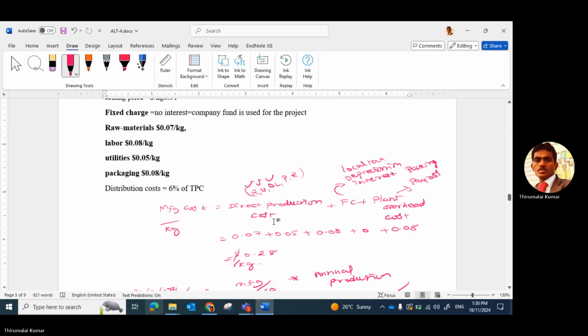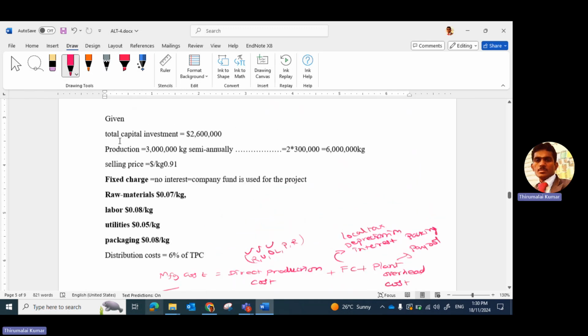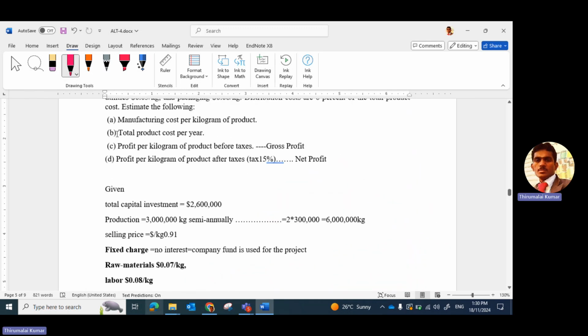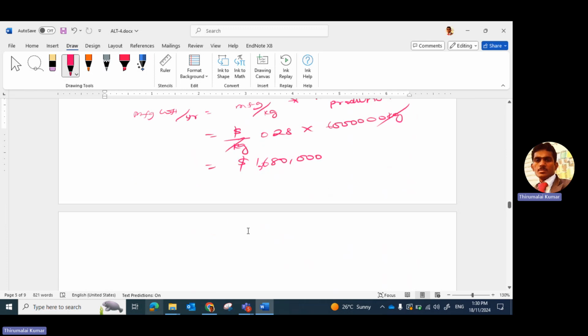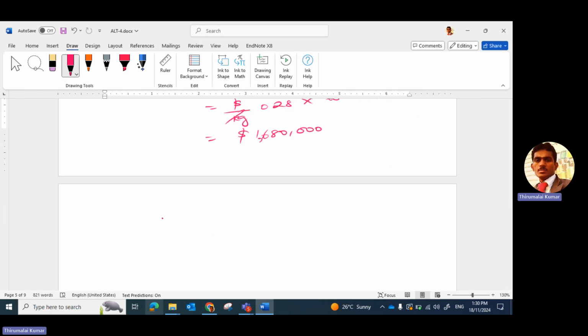Now, how can we calculate the total product cost? Total product cost is the summation of manufacturing cost per year plus general expenses.